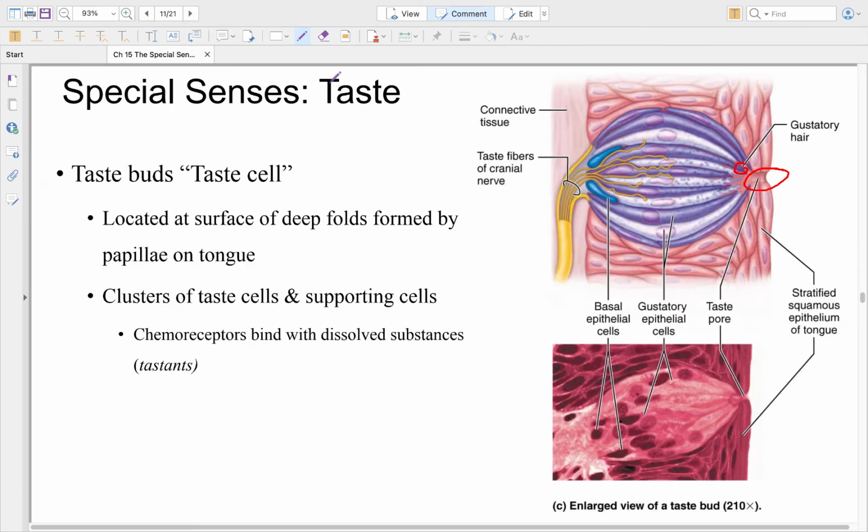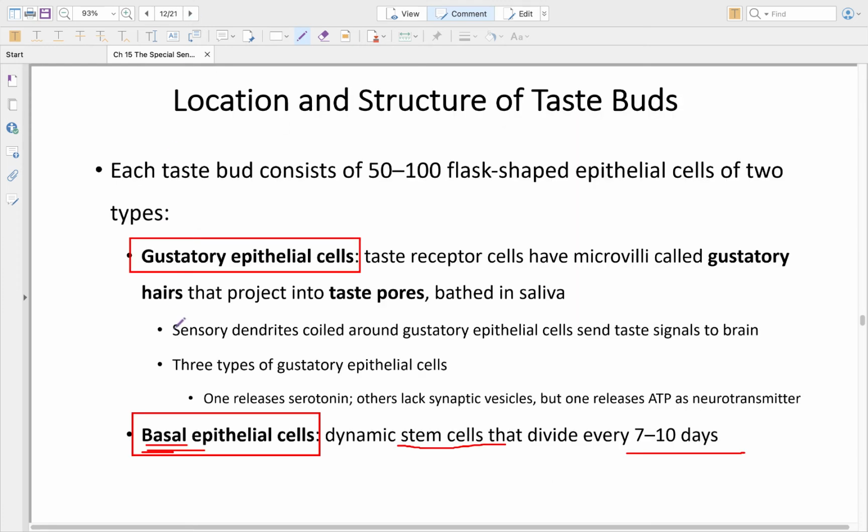Let me go back to this picture. See these sensory neurons here? They pick that up and send it right to the brain. So those are the gustatory epithelial cells. There are three types. One releases serotonin, one does not have any synaptic vesicles, and one releases ATP as a neurotransmitter, which is somewhat rare.